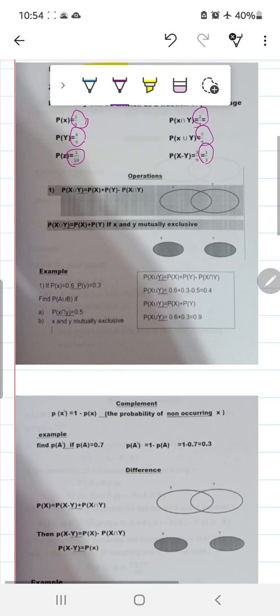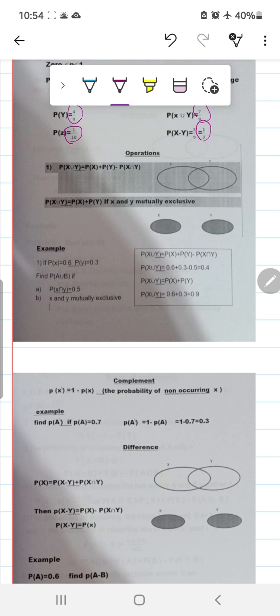Okay, here we have some operations. If we have two sets X and Y, we want to get the probability of X union Y. As we said, X union Y means all elements in X and all elements in Y without repeating.